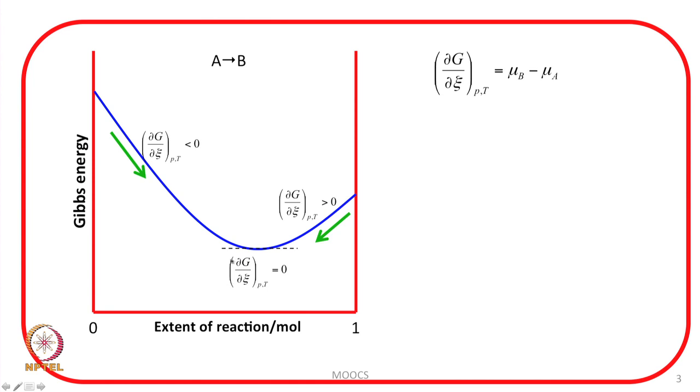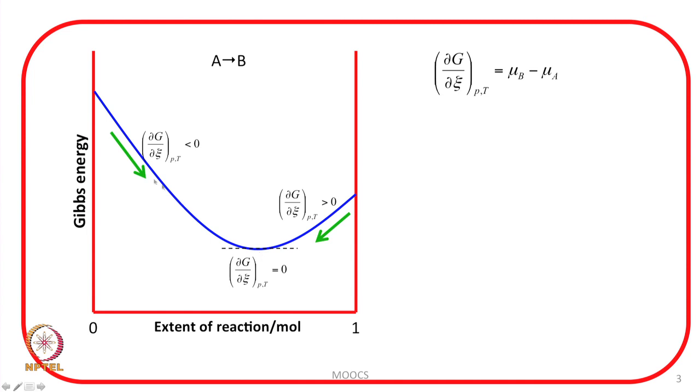First, let us discuss the slope equal to 0, because we have discussed this many times, that when slope is equal to 0, when dG is equal to 0, this is the position of equilibrium. So, how to find the position of equilibrium? You calculate the total Gibbs energy, plot against extent of reaction, and in the curve you look for the minima. Wherever you have the minima, that is the position of equilibrium.